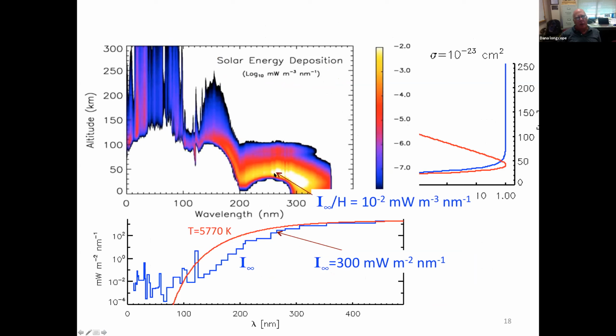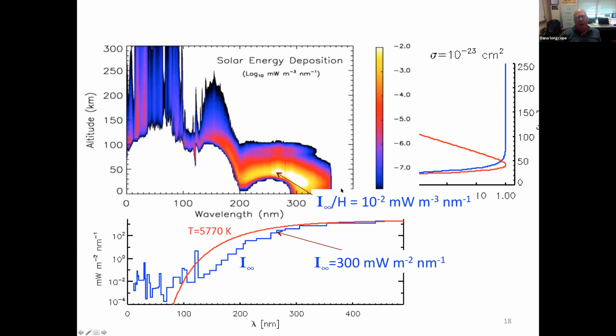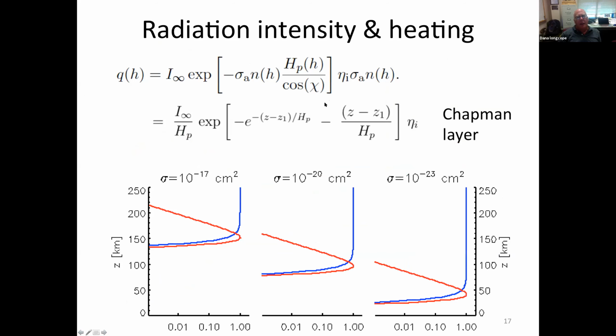There's a lot more space between the yellow and the black on the top than the bottom, and that's having to do with this exponential of the exponential type function. Because as this exponential gets larger and larger, it goes into an exponent and makes this thing with a negative sign.